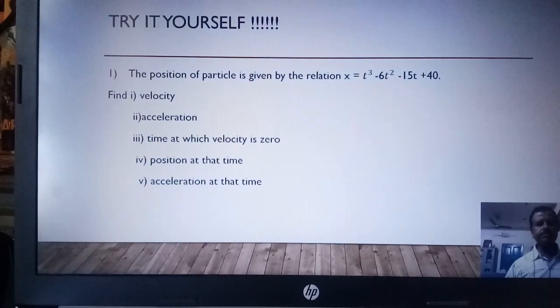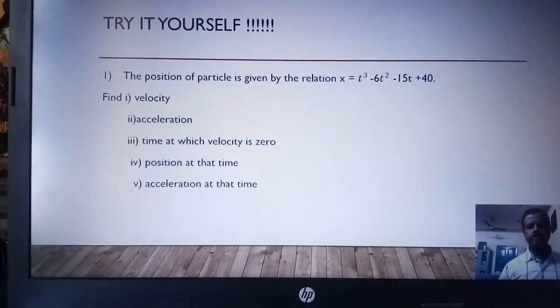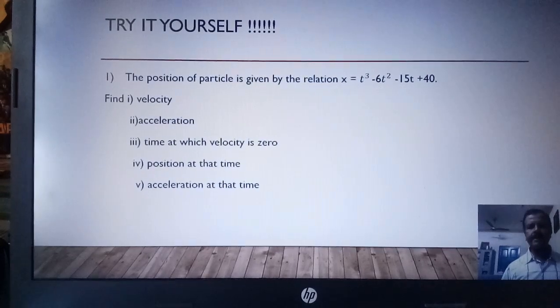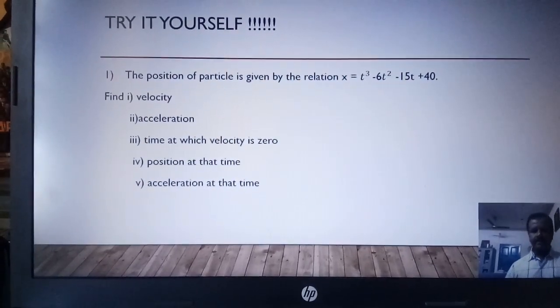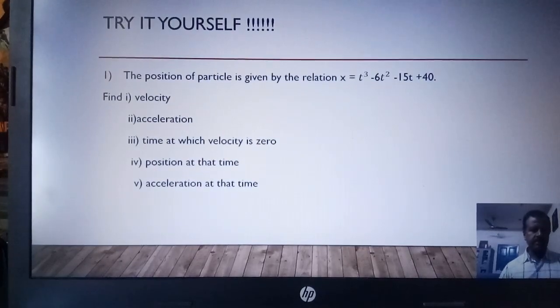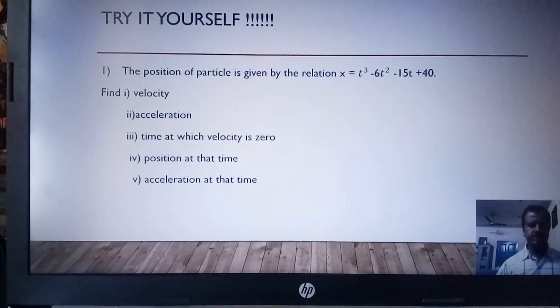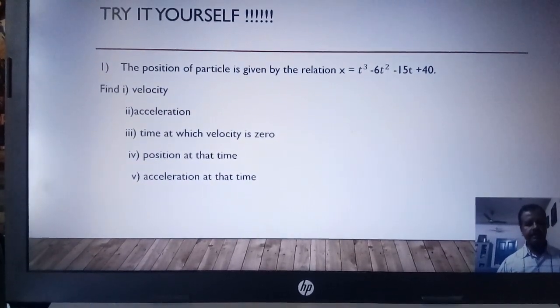Position of a particle is given by the relation x equal to t cube minus 6t square minus 15t plus 40. Find the velocity, acceleration, time at which velocity is 0, position at that time, and acceleration at that time.